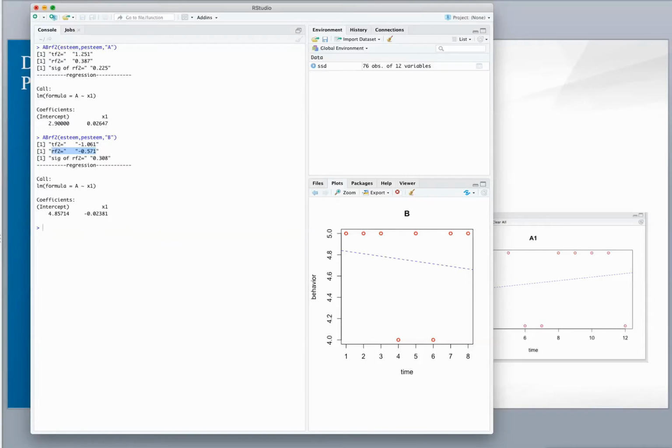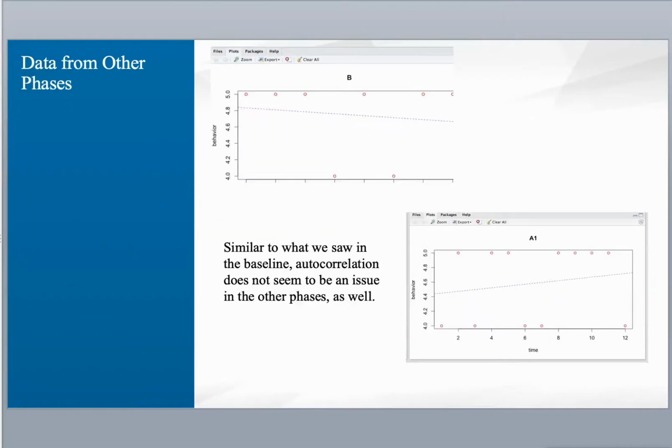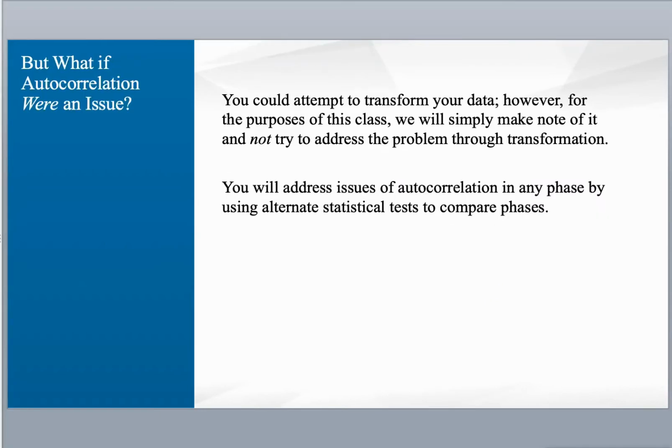Let me minimize my console here. Okay. But what if autocorrelation were an issue? You could attempt to transform your data. However, I think for the purposes of this class, we will simply make note of it and not try to address the problem through transformation.